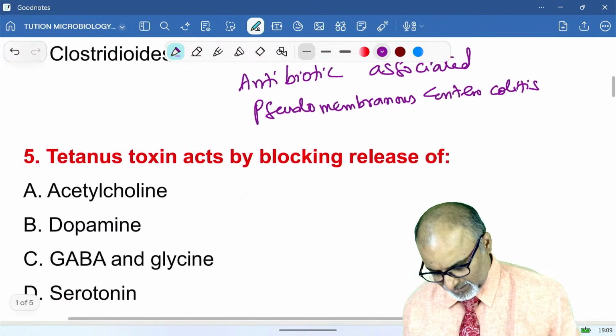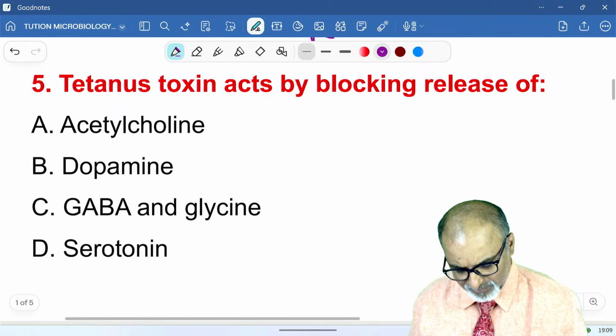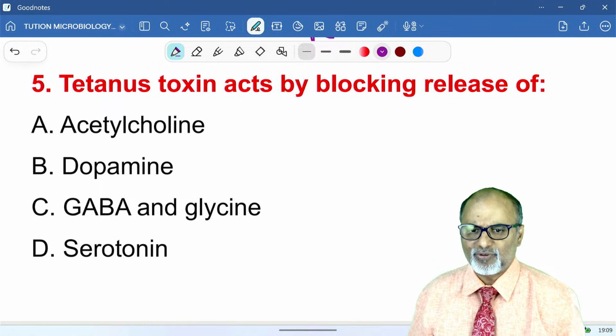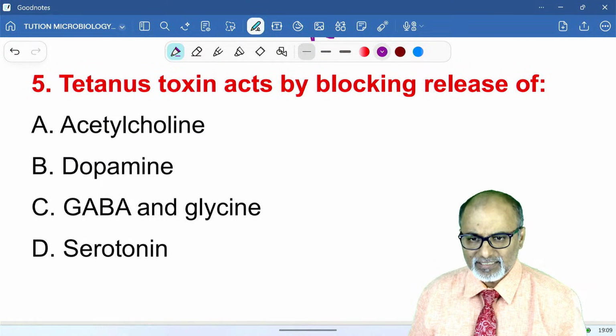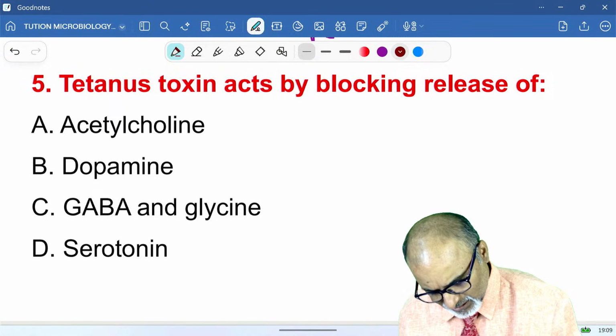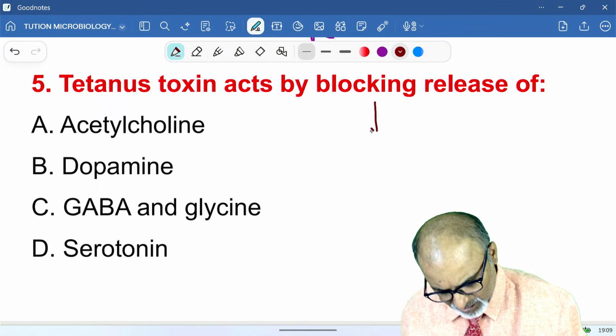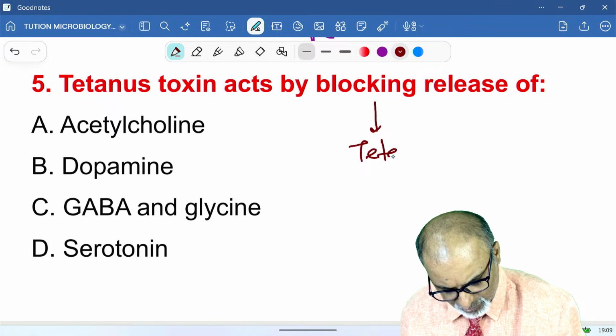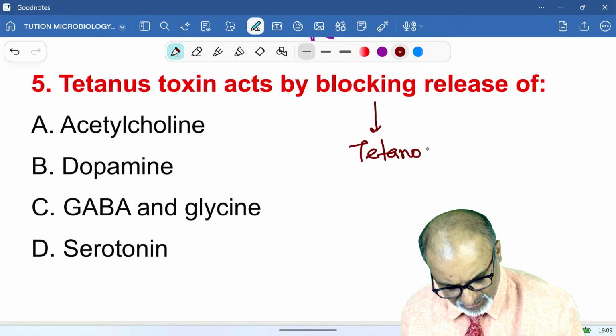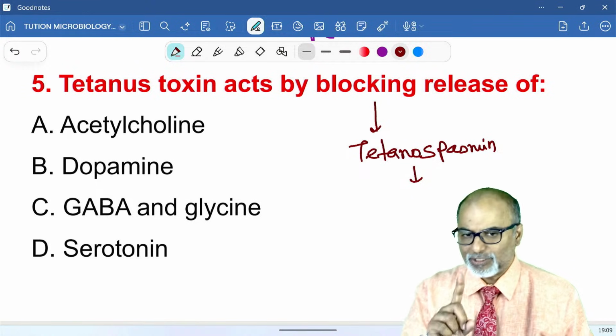Next: tetanus toxin acts by blocking the release of what? Just now we discussed tetanus toxin. The name of the toxin is tetanospasmin. You must know the mechanism of action of all toxins. It cleaves SNARE protein. That is important.